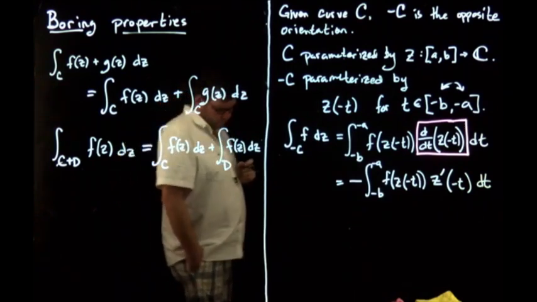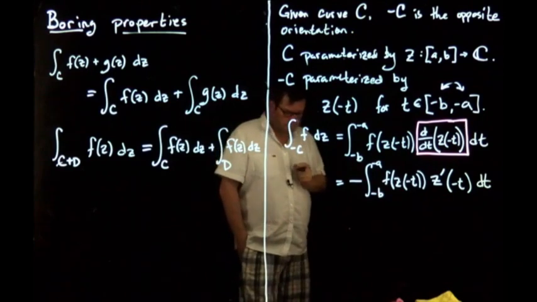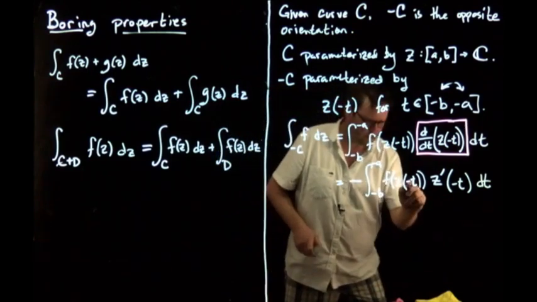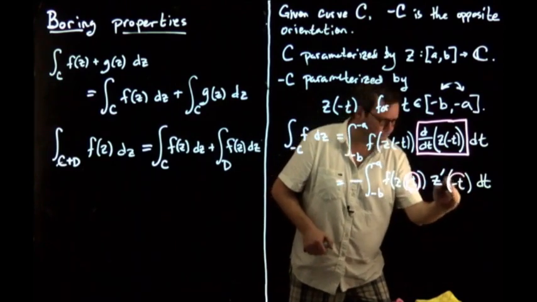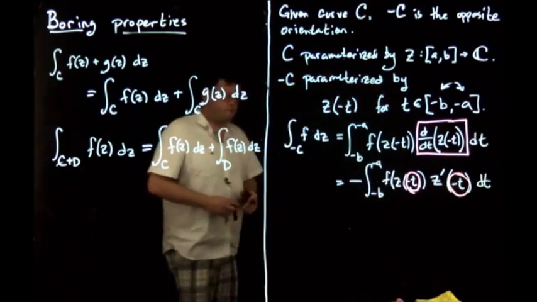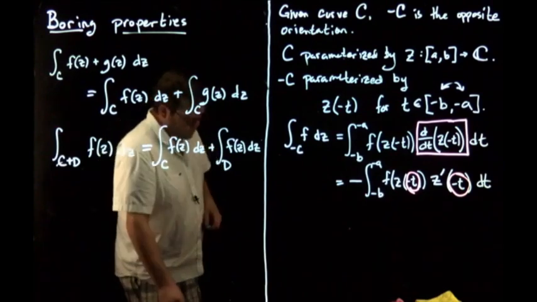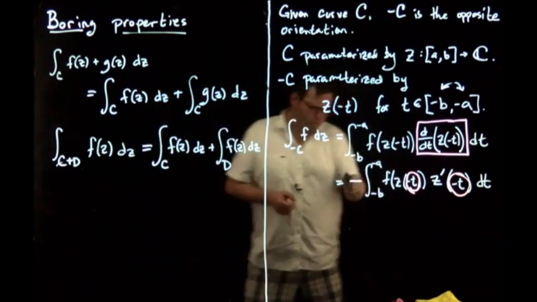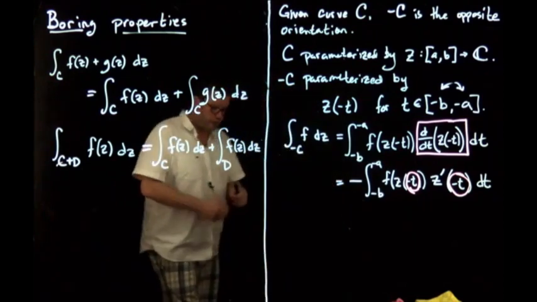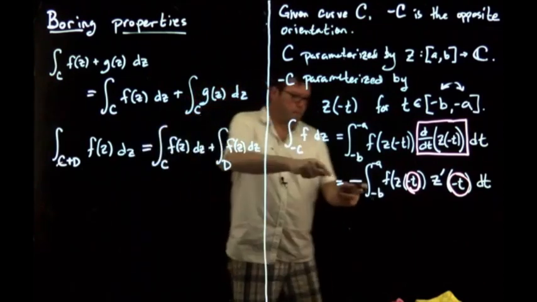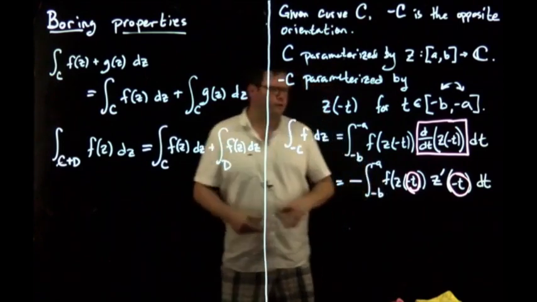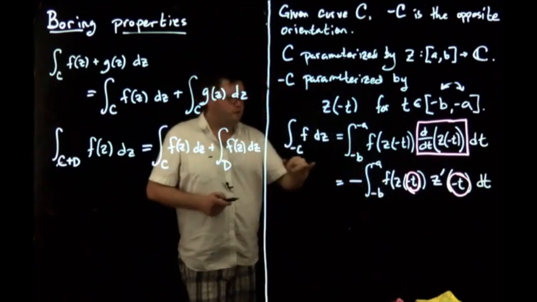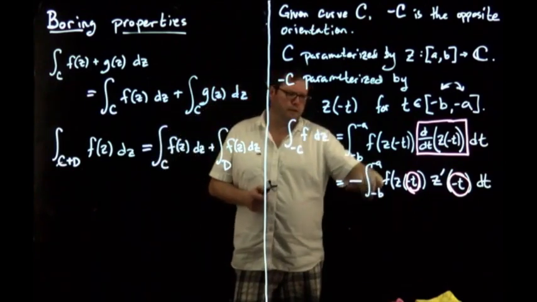Now, we've got all these minus t's around. Where are they? There and there. So we're going to just make a substitution for the minus t. That substitution is going to cancel this negative sign out front, so it will disappear. And then remember, since we're doing a definite integral, we have to apply the substitution to our bounds as well. So the bounds will turn into a positive b and a positive a.